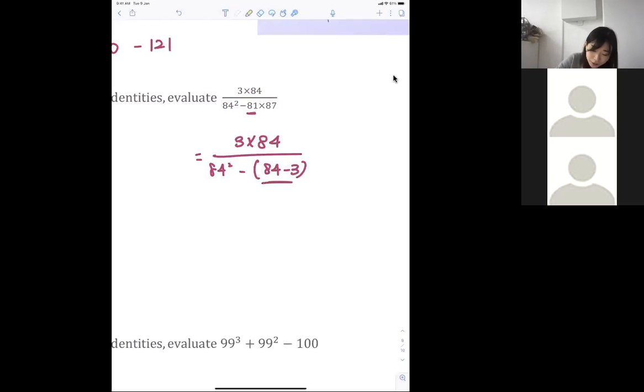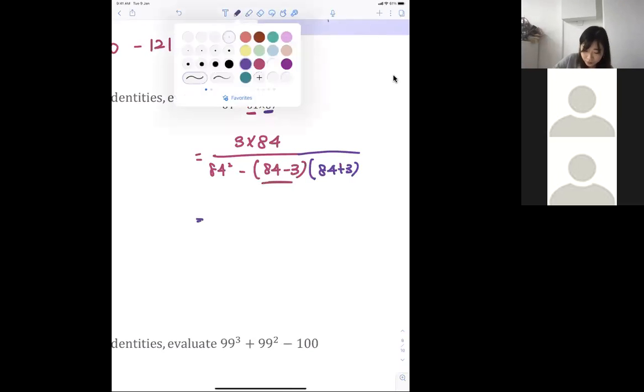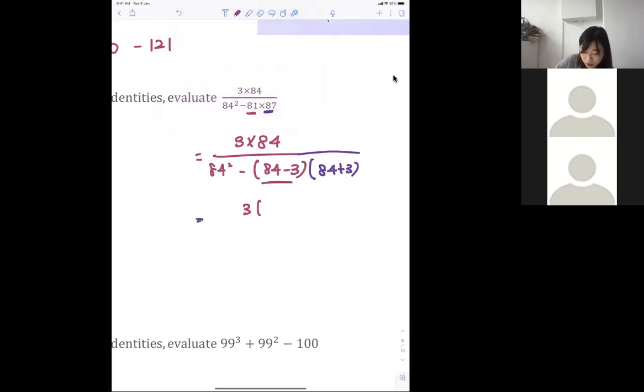Then we see the next part now. I use another color. 87, can I say is 84 plus 3, right? So, instead of times, I can draw bracket also. It means the same thing.